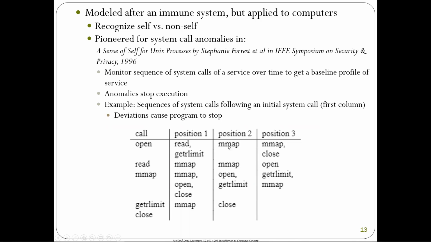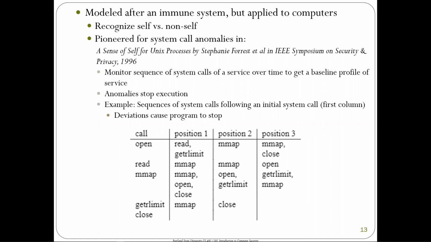So you can see that that's part of this sequence, but then it's followed by a next one, and so on. So for every system call, you get a good idea of what the sequences should be for that process. And then if someone hijacks this process and attempts to do something different, then you'll automatically shut this process down, is the idea. So that's very powerful.